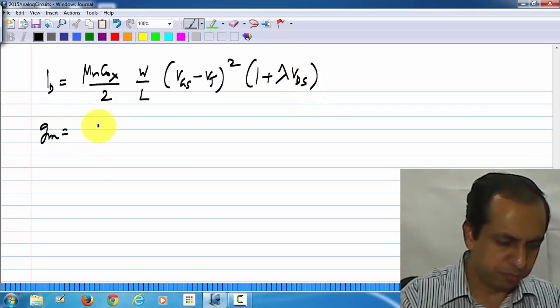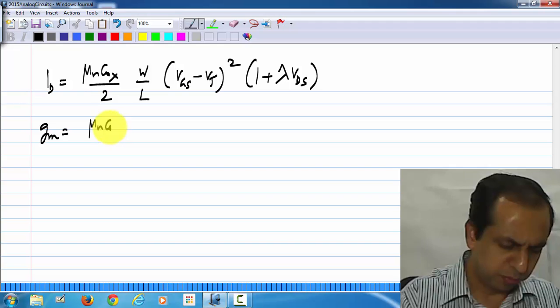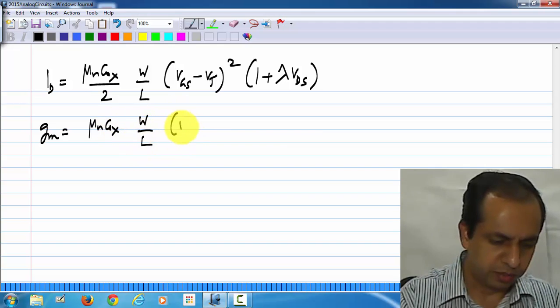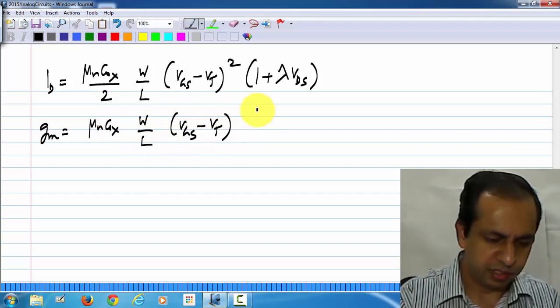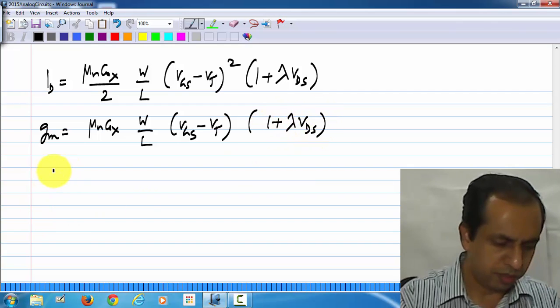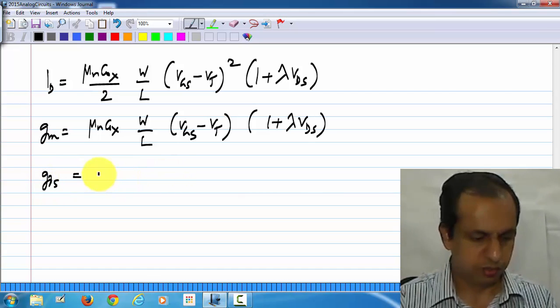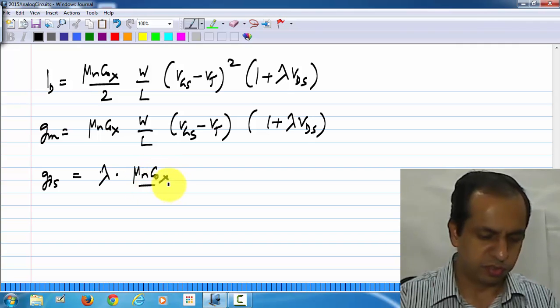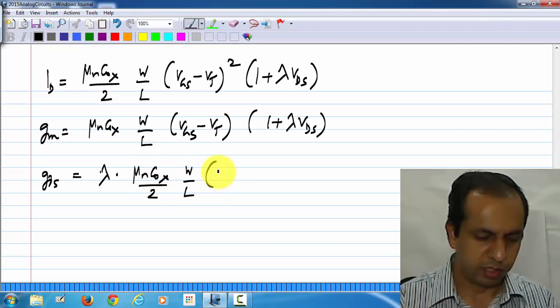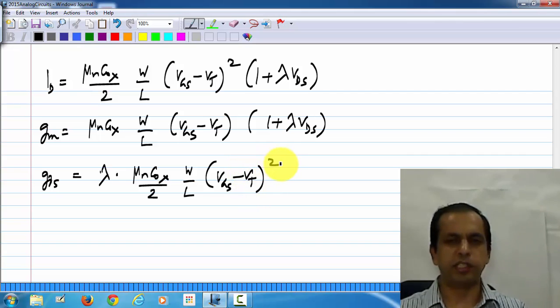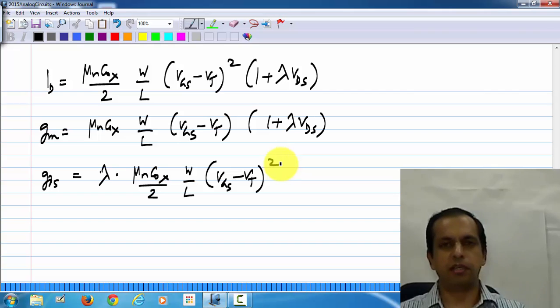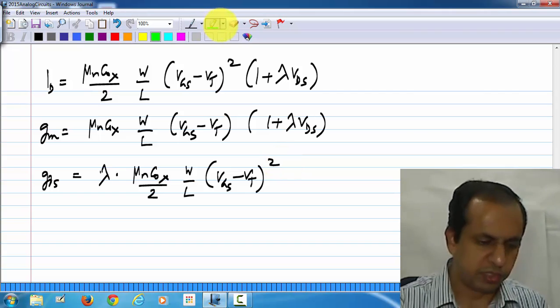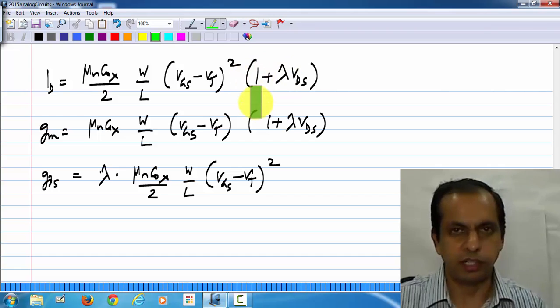The expression for GM is mu n Cox W by L (VGS minus VT) times (1 plus lambda VDS), and the expression for GDS is lambda times mu n Cox by 2 W by L (VGS minus VT) squared. So, everything changes, and these things are now a little more cumbersome, because you have a nonlinear function and you also have this additional variable.